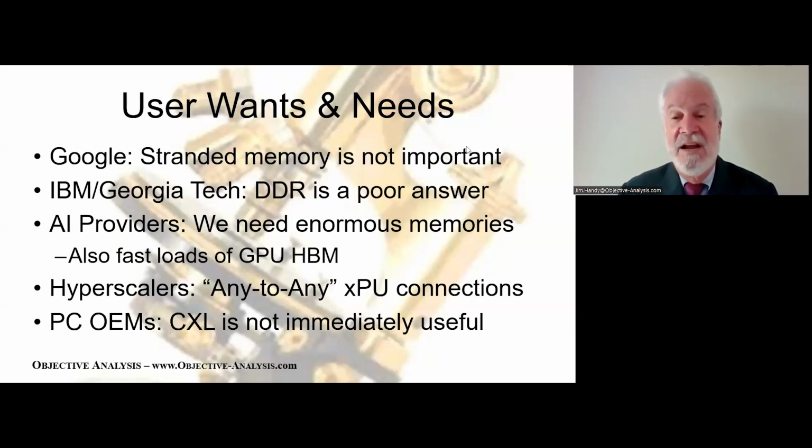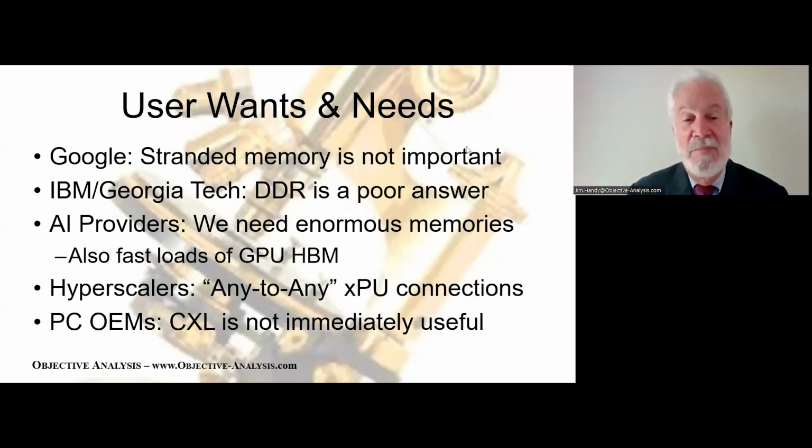AI providers, they really like to have huge memories because they're just processing a ton of data. And so if you can give the AI providers a whole lot more memory on a CXL-based system than you can on a system that uses standard DDR interfaces, simply because with DDR you can only put so many DDR modules onto a server processor, while with CXL, basically you can go until you've overloaded all of the PCI channels.